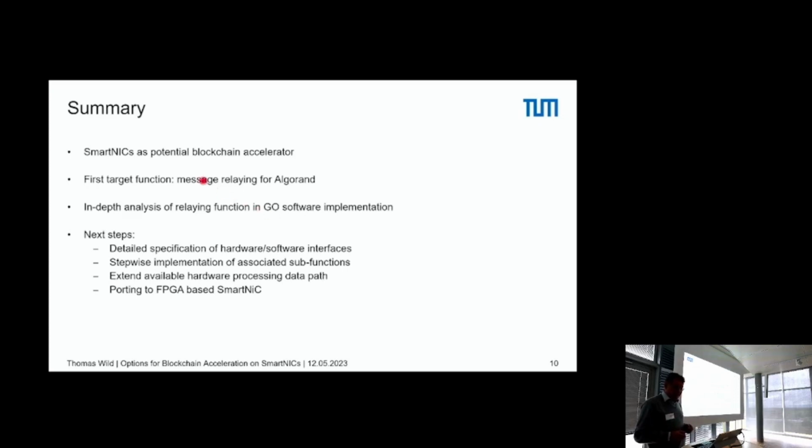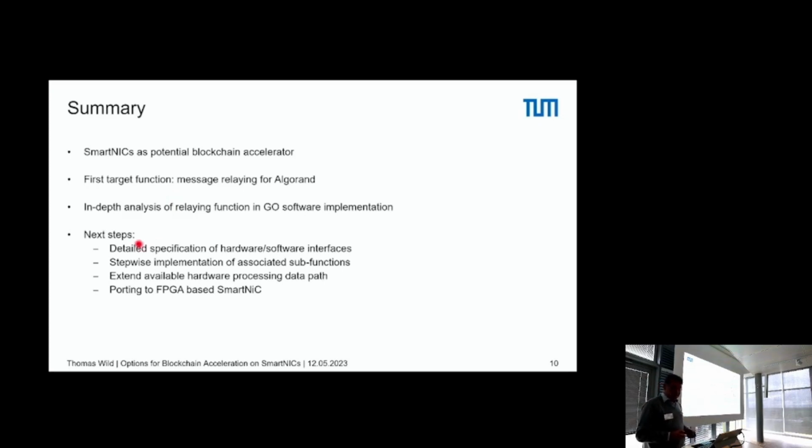We identified message relaying for Algorand as an approach, and we did and are still doing an in-depth analysis of these relaying functions in the software implementation, which is tedious and really difficult because it's not very well documented. We need to see how things are really implemented in order to know how to extract certain parts of this functionality, put them on hardware and make the interplay work. This is really the biggest challenge.